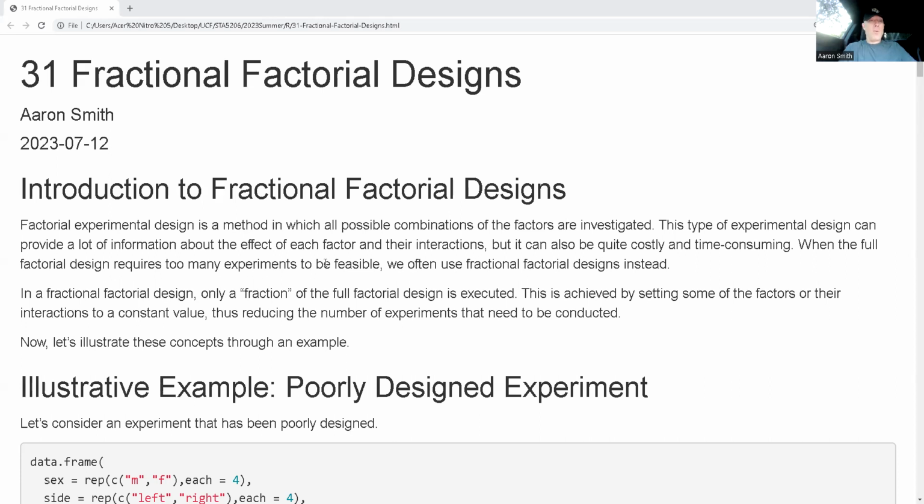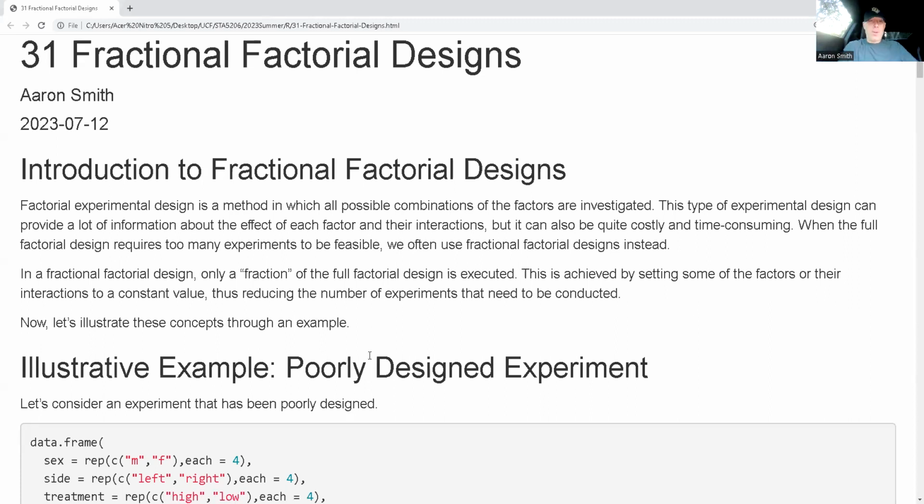What we would like to do is have all possible combinations of our predictor variables. That's not possible. Either we don't have the money, the time, the patience, or the resources, whatever it is, for some reason I can't do all of them. So I'm going to do a fraction of the possible runs. And that's where the word fractional factorial design comes from.